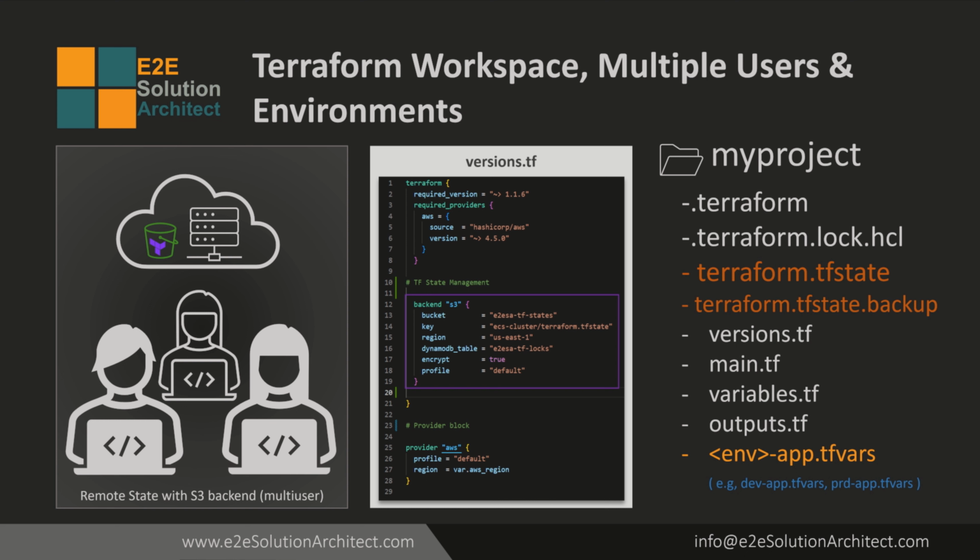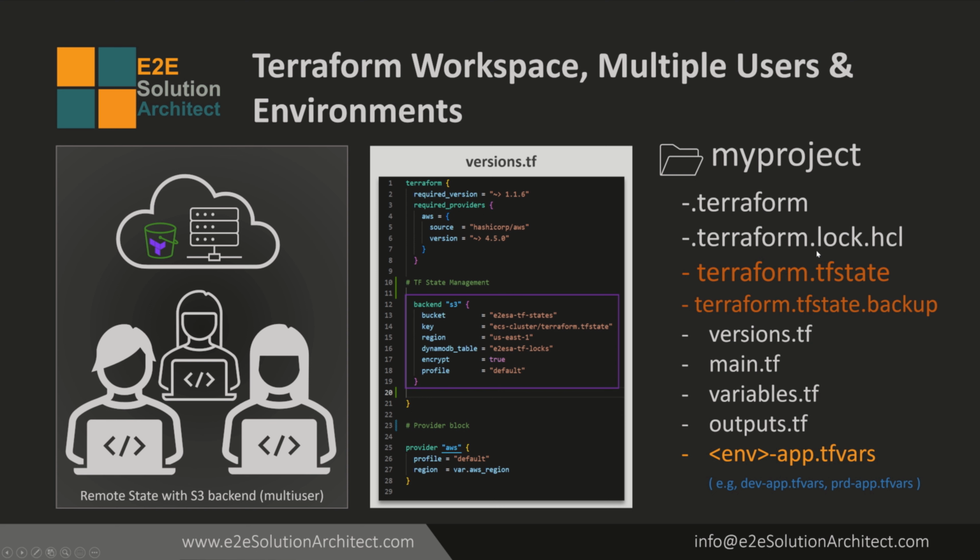On the right-hand side, when you have initialized your Terraform project locally, you will see these directories and files. The first one is .terraform. It is a directory where Terraform pulls all the packages for the provider you are using in your versions.tf.